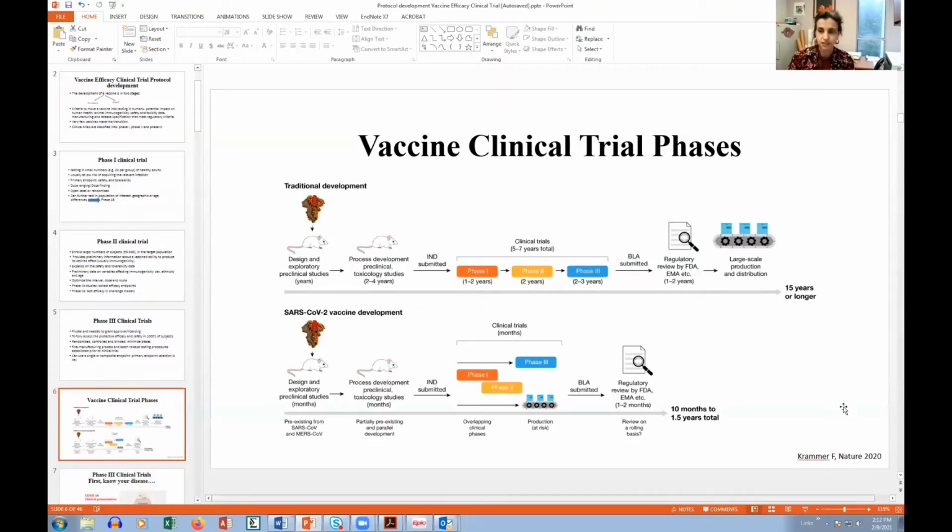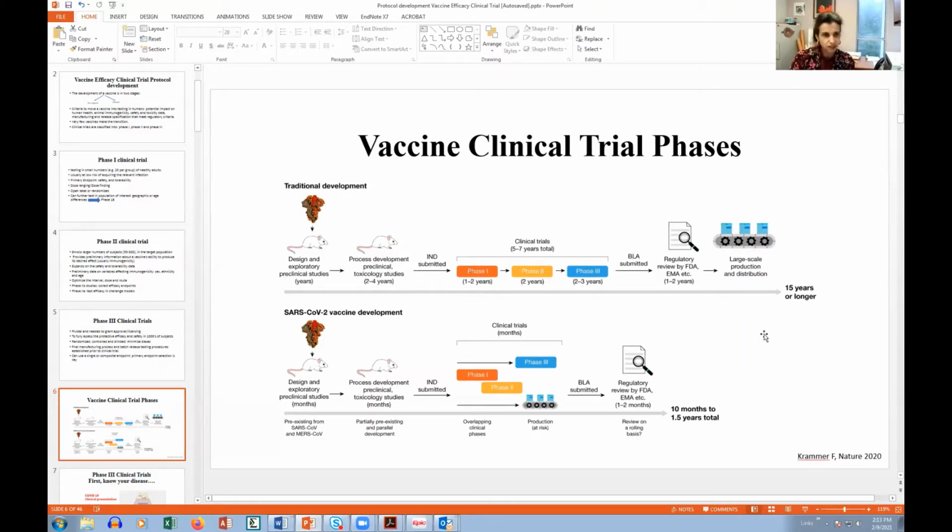Which brings us, fast forward, to COVID-19. These phases that I just described to you, from the preclinical to the clinical phases, take usually somewhere in the 10 to 15 years in terms of time frame between the design, the submission of the IND, the progression of the phases in a sequential way, 1 to 2 to 3, and the submission of the BLA and the review by the FDA.